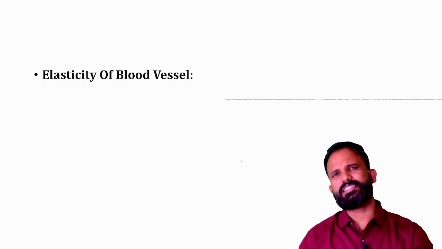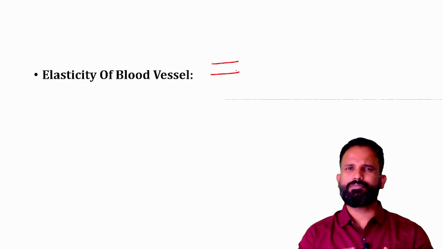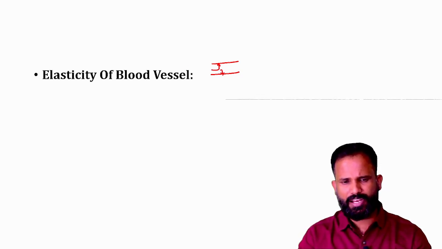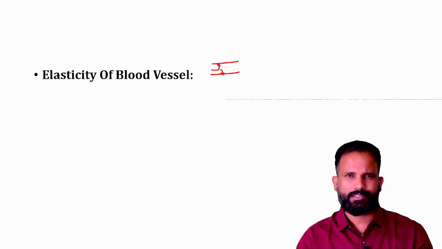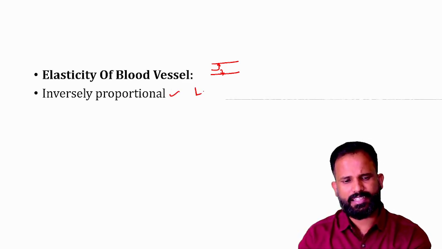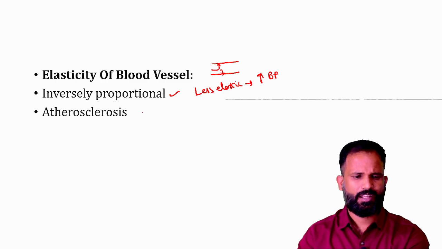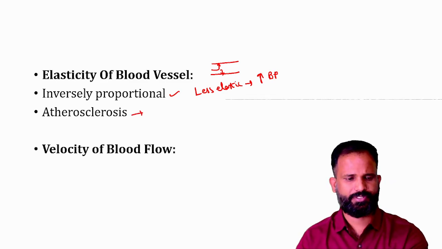Coming to the elasticity of the blood vessel. Whenever blood is pushed by the heart, it creates a pressure, and if the blood vessel is elastic, the pressure is accommodated. If the blood vessel is not elastic, pressure rises. So inversely, the less elastic, the more the rise in BP, such as seen in atherosclerosis in old aged patients.